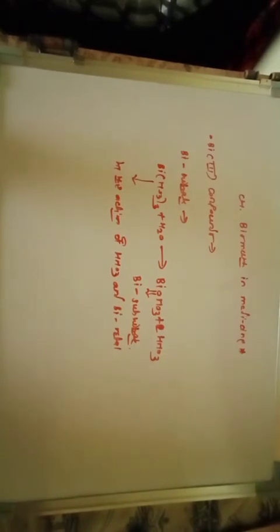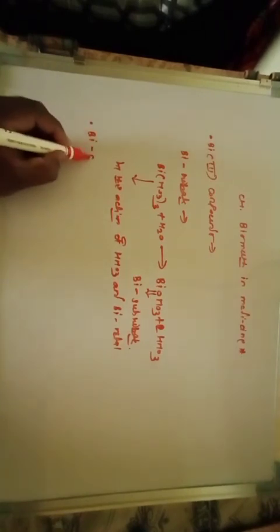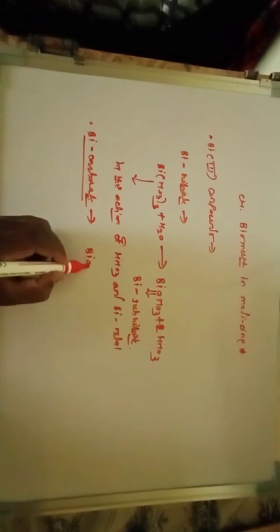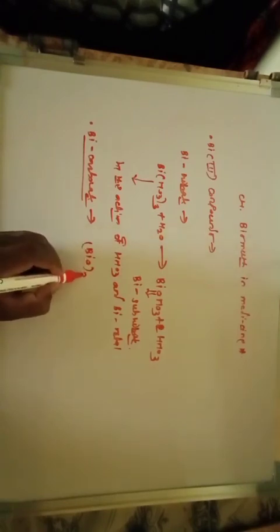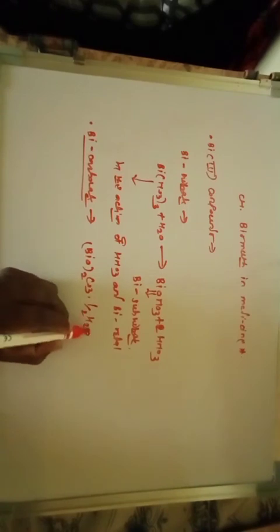Next is bismuth carbonate, (BiO)2CO3 with half a water molecule.